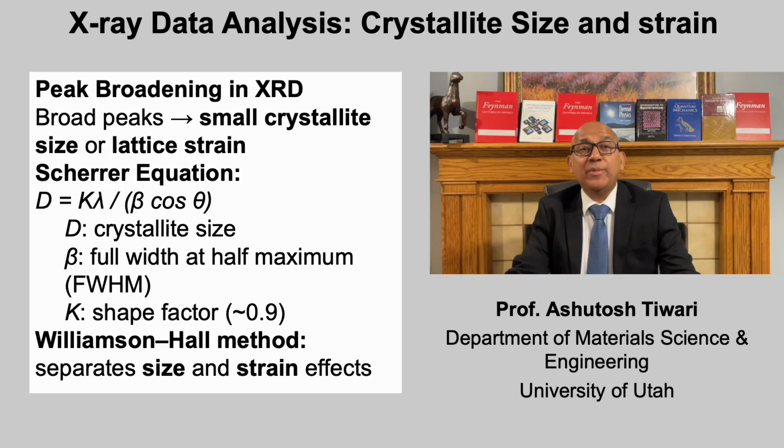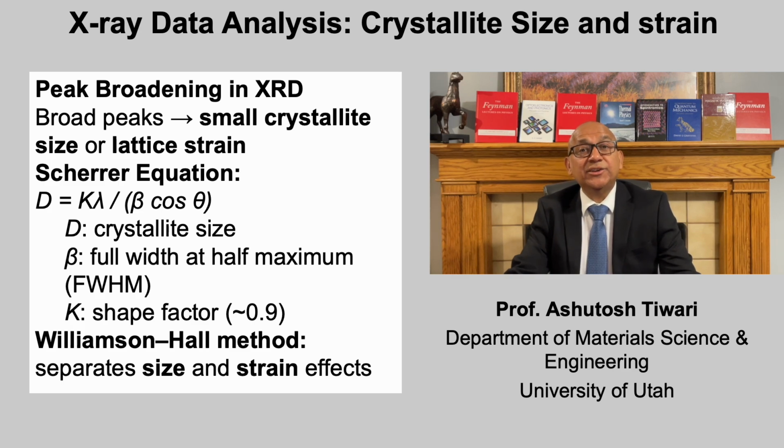Another important aspect of interpreting an XRD pattern is understanding what the broadening of diffraction peaks tells us about the material. When the peaks become noticeably wider, it is often an indication of very small crystallite size or the presence of lattice strain in the sample.